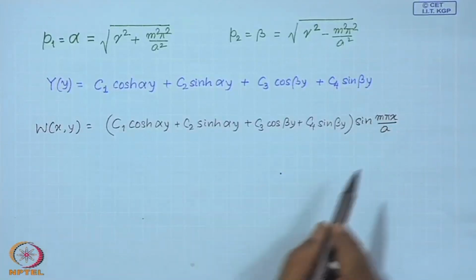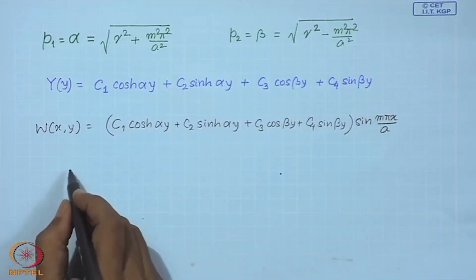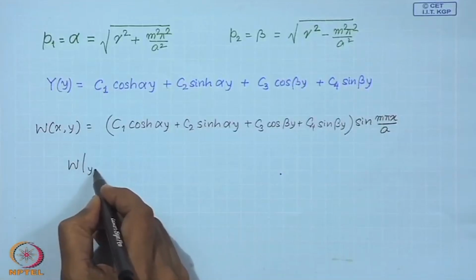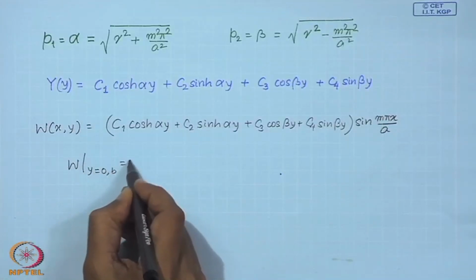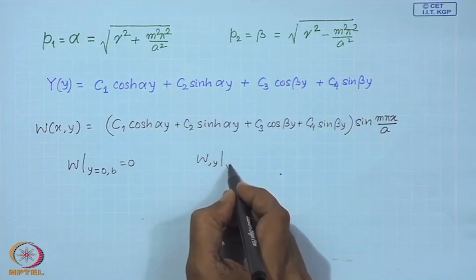Now, we have satisfied 4 boundary conditions by choosing the function in x. We are left with these 4 boundary conditions as yet.